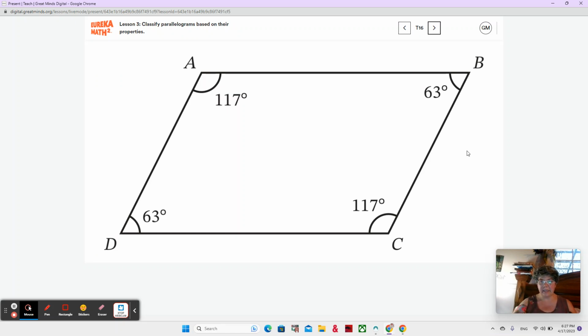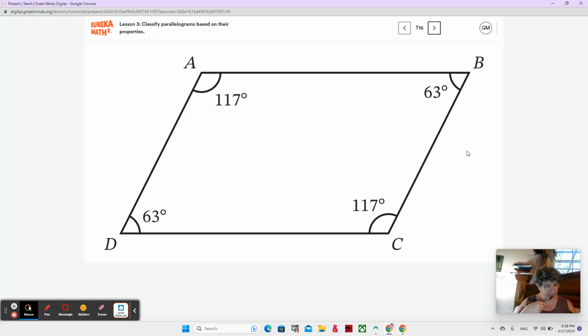On this one, we see 117 plus 63. That's going to equal 180, right? So A and B, B and C, C and D, and D and A. So opposite angles always have the same measure. So supplementary angles are going to be the ones next to each other, right?